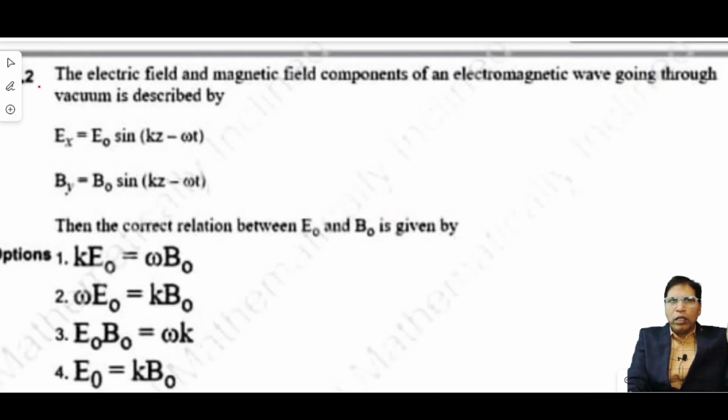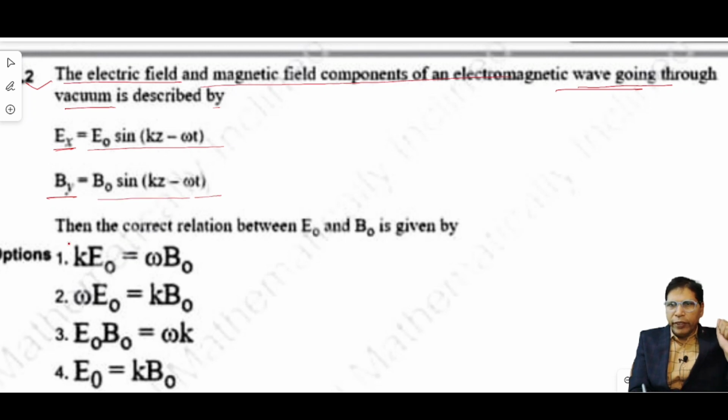Okay. Now, look at this question number 2. The electric field and the magnetic field components of an electromagnetic wave going through the vacuum are described by Ex and By. Ex is the electric field vector, By is the magnetic field vector. Then the correct relation between E naught and B naught.